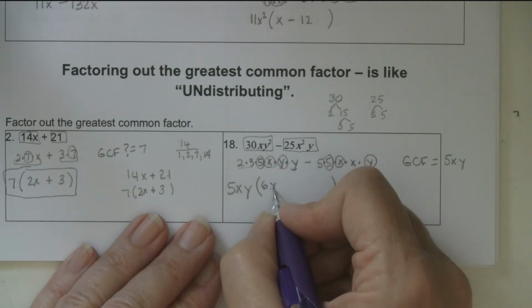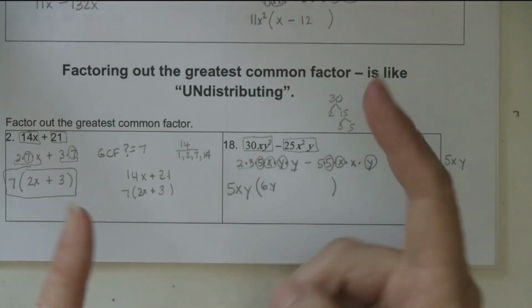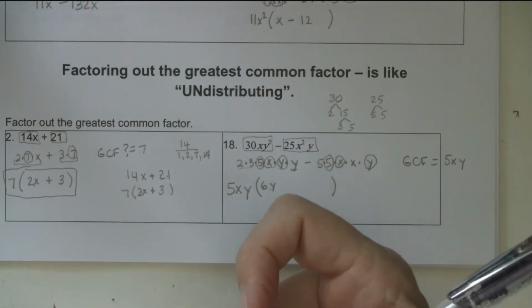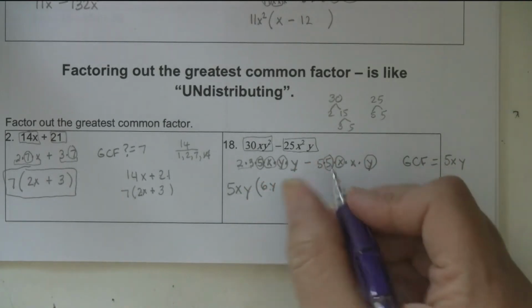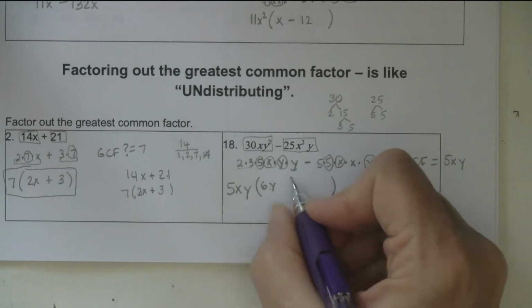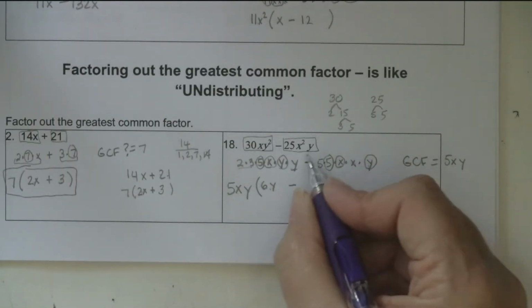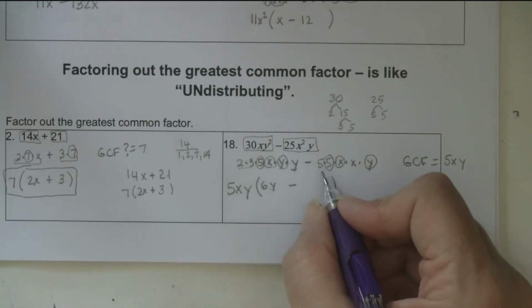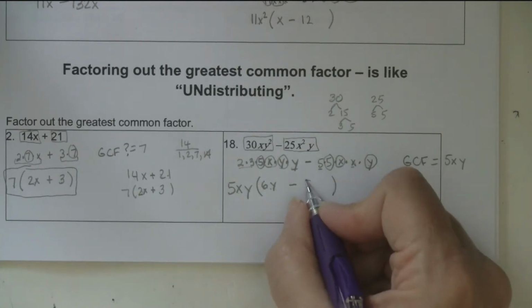And y times y, add the exponents, 1 and 1 is 2. Or use your fingers: a y and a y, when you multiply them, is y squared. It's a count of how many y's there are. There are 2 y's, so it's y to the second. Minus, because this is a minus. And if you didn't write this step, you would be saying 5 times what is 25? Well, you can see that the leftover stuff is 5 and x.